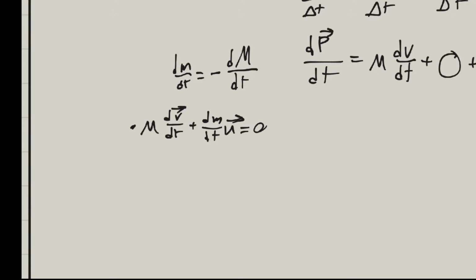And so with that information, we write that m times dv over dt minus d big M over dt times u equals 0.